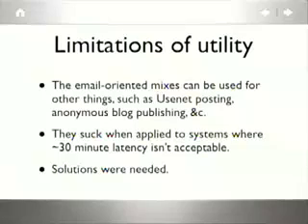In fact, back in the day, many of us had to do that just because of how slow things were. But I've seen Mixmaster used successfully for obviously email and Usenet postings, but also for anonymous blog publishing, where you don't care if your blog is updated like that. It might take 45 minutes for the update to actually get through, but that's okay.